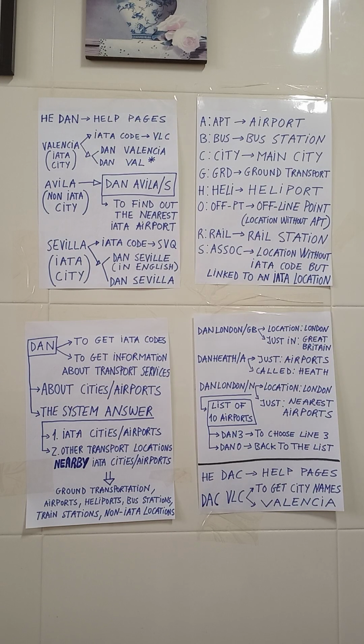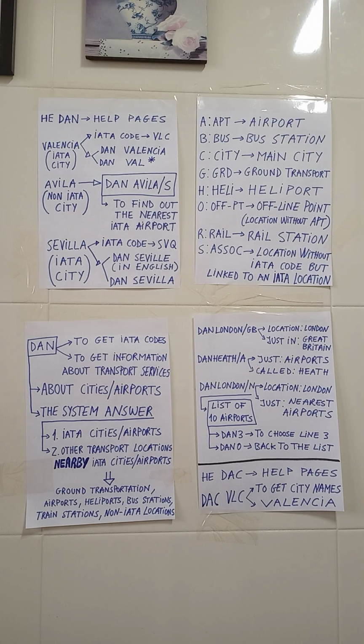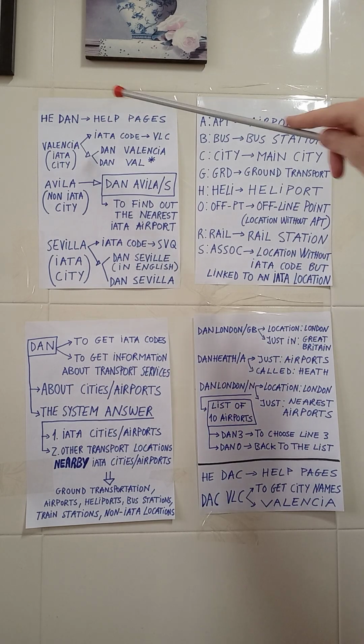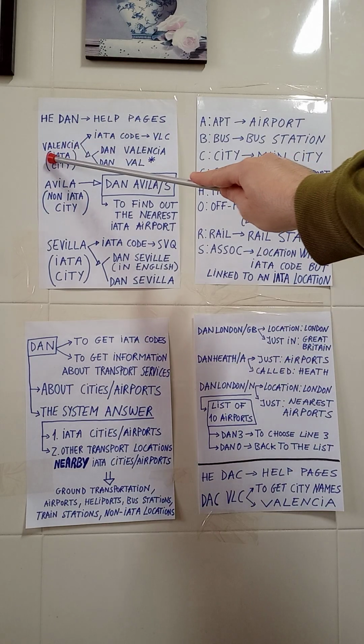Let's go. On the first page, we see HE-DAN. With HE-DAN, we access the help pages on how to encode city or airport names. Below, we see the name of a Spanish city called Valencia, which is an IATA city.